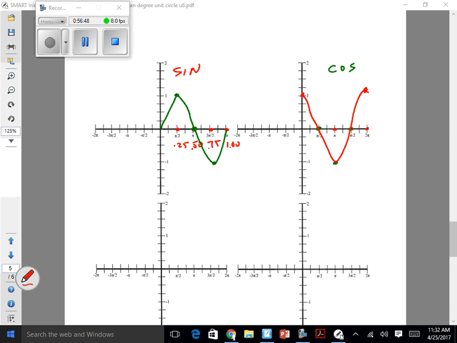There's never really a reason to put them on the same picture. For someone who can go the extra mile, they actually want you to put tangent on the same picture as well, which is crazy. But 2 out of 3 will get you what you need, which is why I'm doing 2 out of 3.